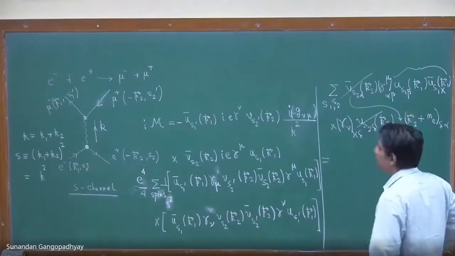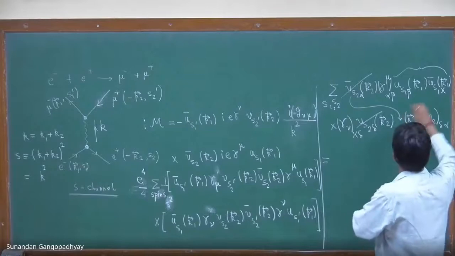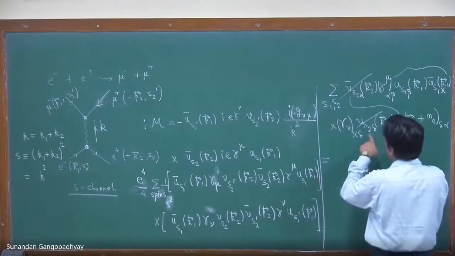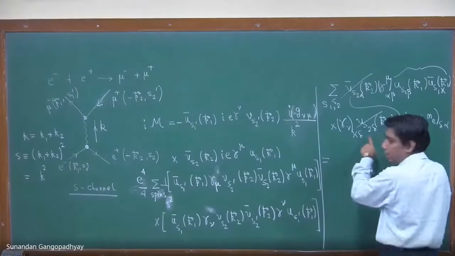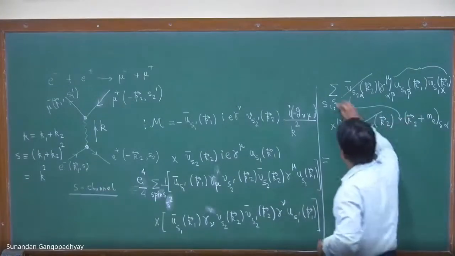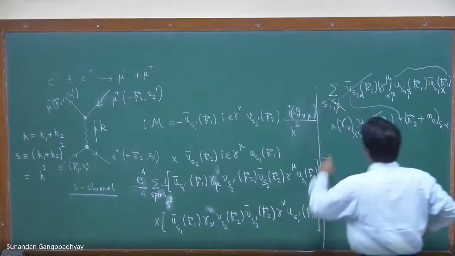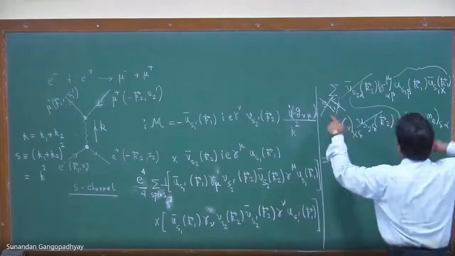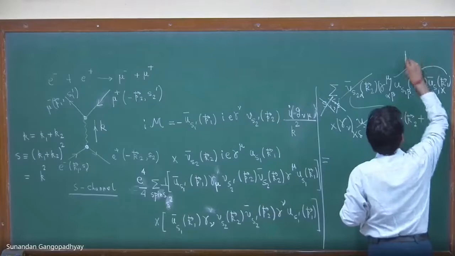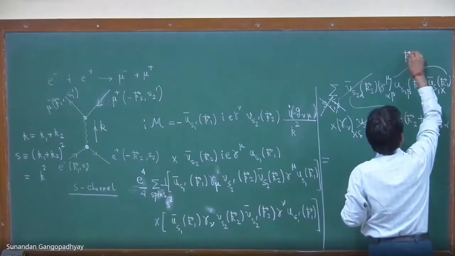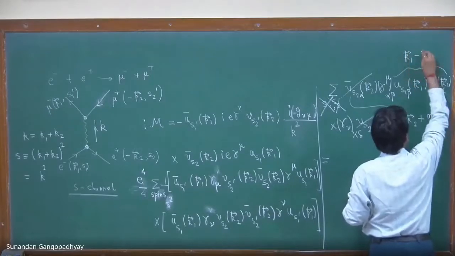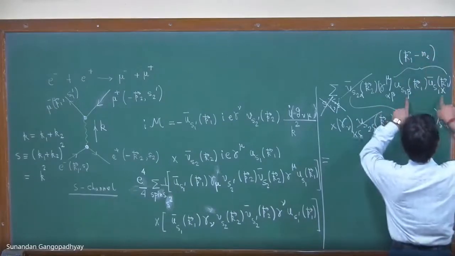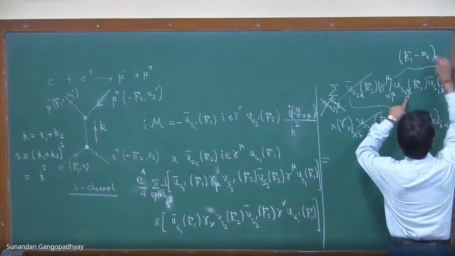So for this also, once you have carried out the sum over this spin S2, this S2 is also gone. Now you carry out the sum over the spin S1, so this spin is also gone. And this one therefore will give us K1 plus or minus mass of the electrons. And now look at the component, this will be beta kappa.